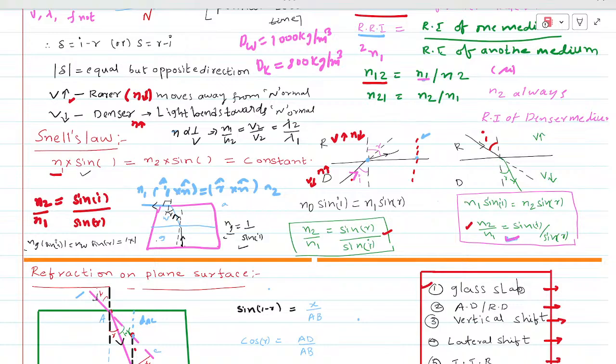We have to find the unit vector for the incident ray, that is, the given vector divided by its magnitude. The normal vector divided by its magnitude, and the cross product gives r cap into n cap. So this is the calculation of the vector form application of Snell's law.